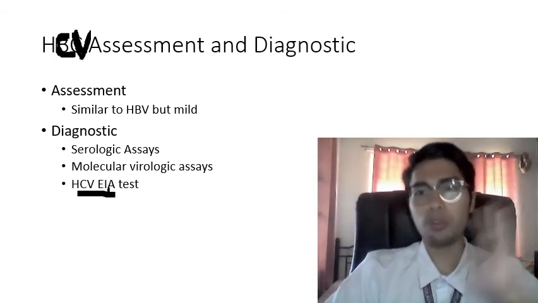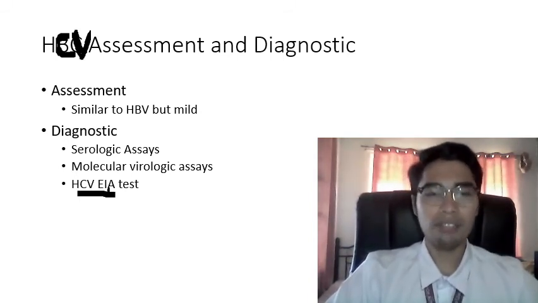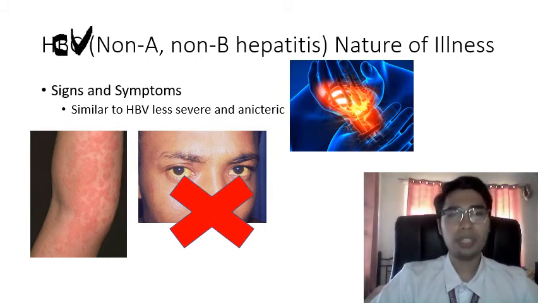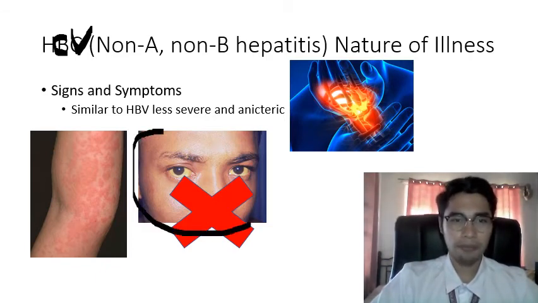It doesn't have to be all these symptoms for HCV. The signs and symptoms are similar to HBV, but it is also anicteric, so you don't have to develop jaundice.